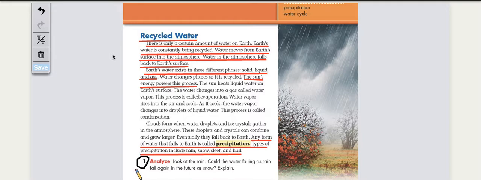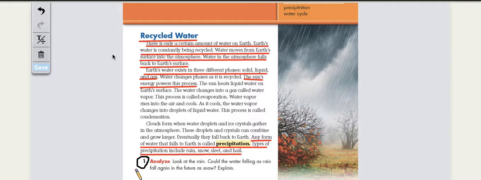As we said yesterday, the earth's water exists in three different phases, which are the solid, the liquid, and the gas. And the sun's energy powers this process. So the sun's energy is the power that controls this water cycle process.